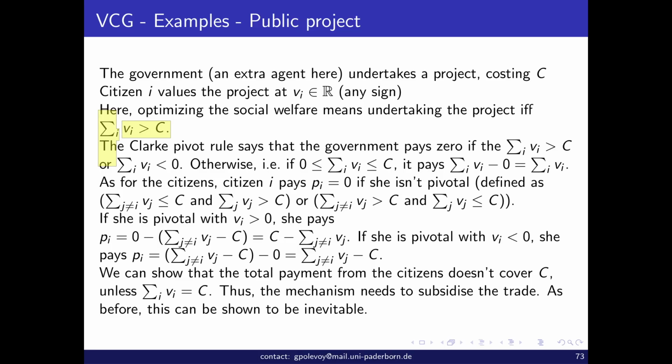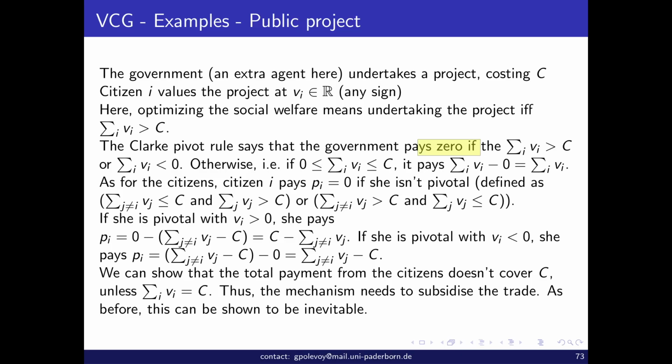Now the Clarke pivot rule says the government needs to pay 0 if the sum of the values is greater than the cost, or if the sum of the values is negative. Why? Because what happens if the sum of the values is greater than the cost?